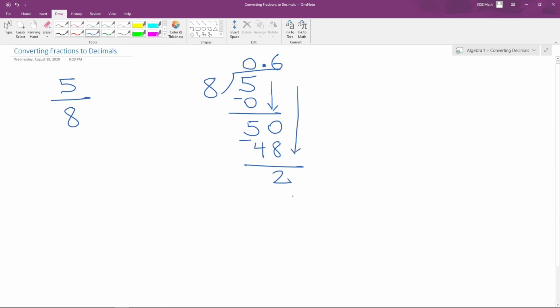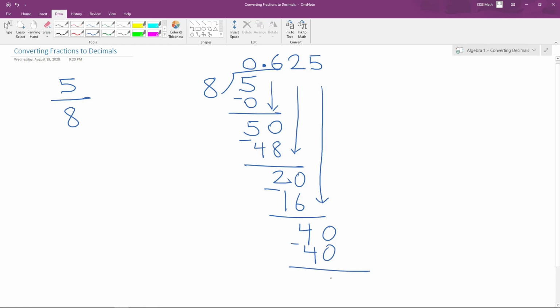Bring another 0 down. 8 goes into 20 2 times, which gives us 16. Subtract gives us 4, and we keep going. Bring down another 0. 8 goes into 40 5 times. 40, and finally we get 0 remainder, so we're done.